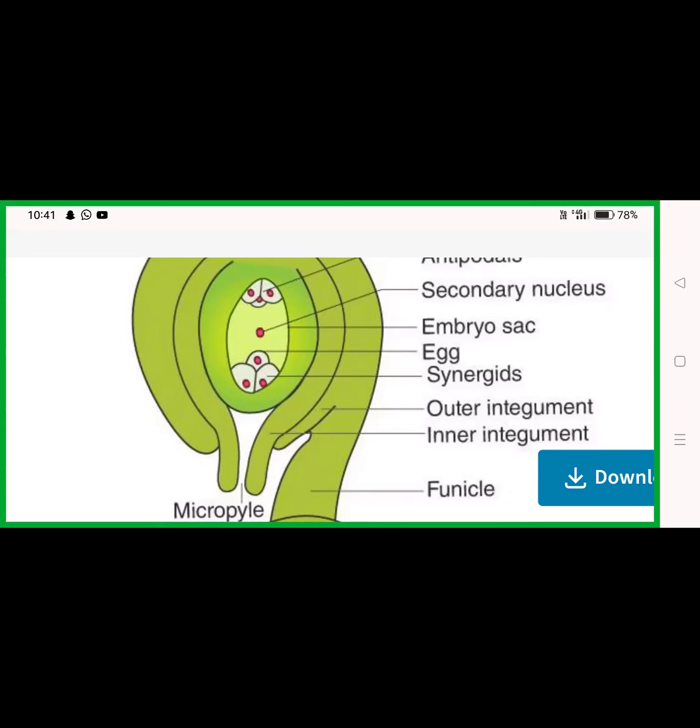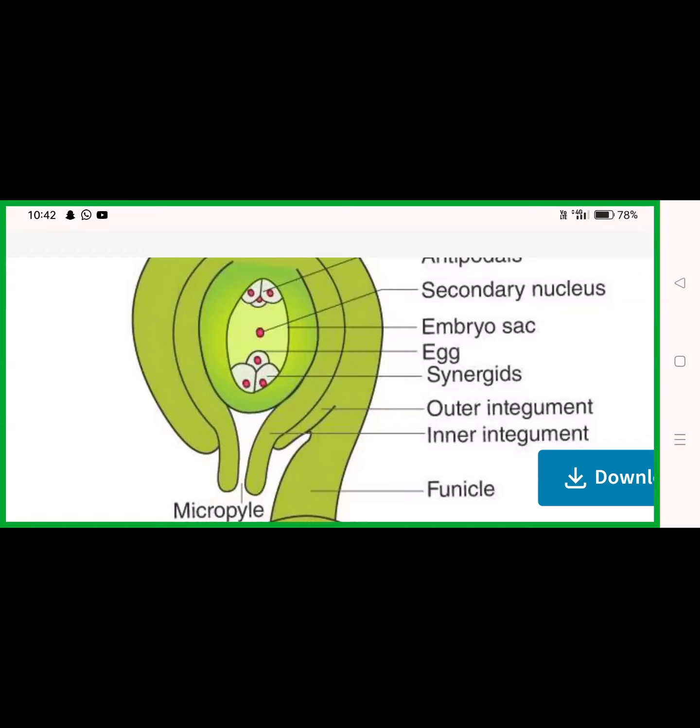The other male gamete fuses with the secondary nucleus in the central cell, forming the primary endosperm nucleus. This is known as double fertilization, as both the sperms are involved in fertilization. Two male gametes are released into the embryo sac and take part in fertilization. One sperm fuses with the egg cell, that is syngamy, resulting in a zygote.